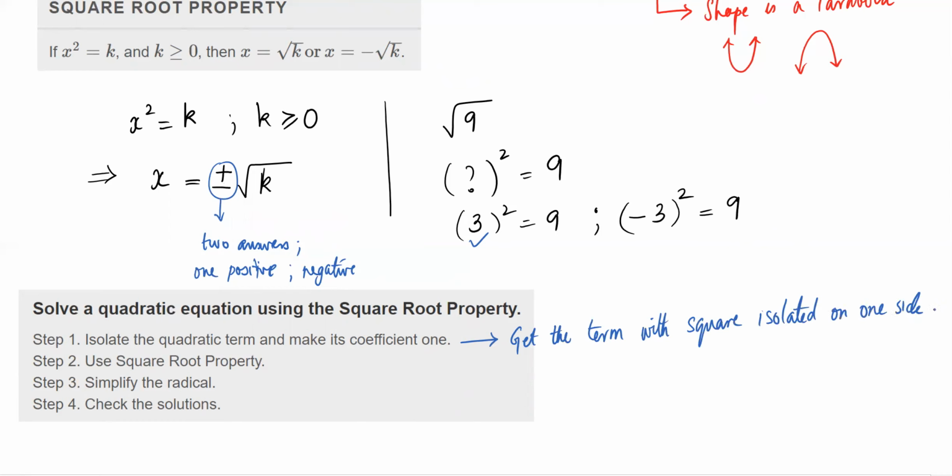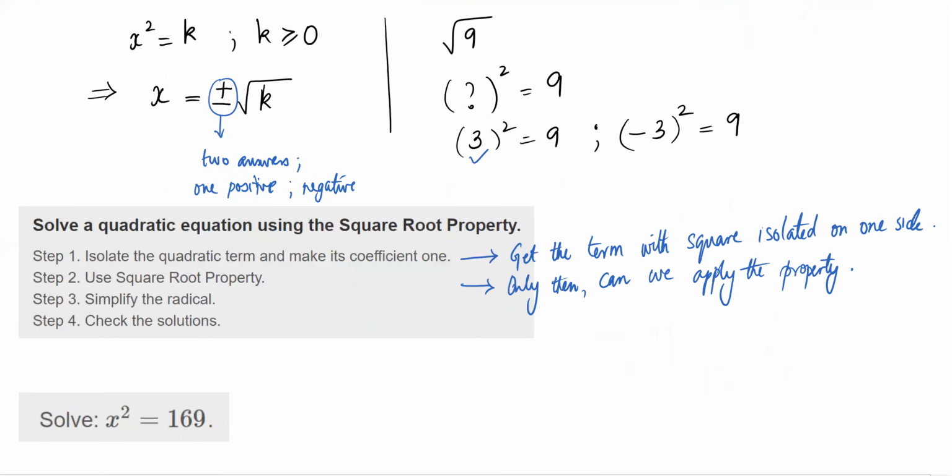Only when you do that can you apply the property. And after that, you will simplify and then check the solutions. Okay, so just remember this. Get the square term isolated on one side.